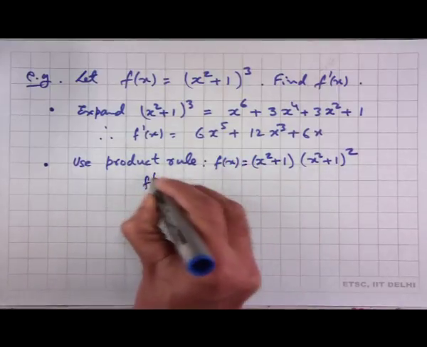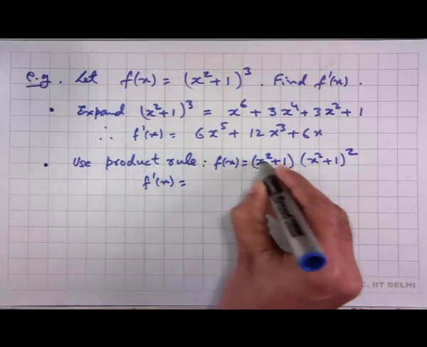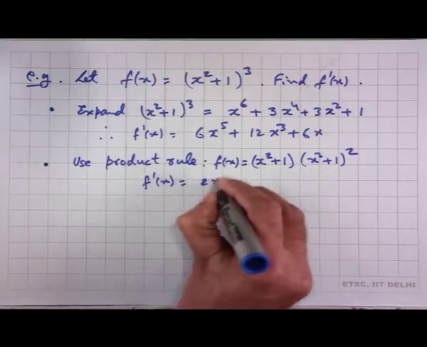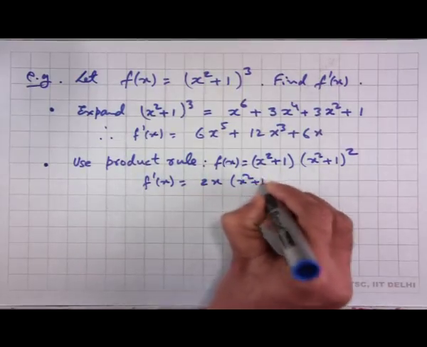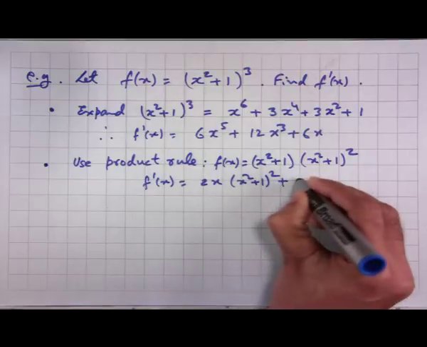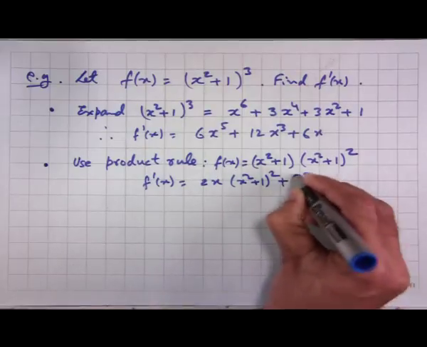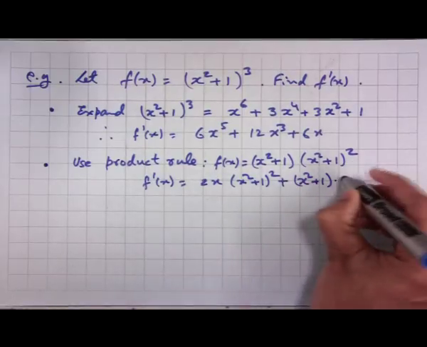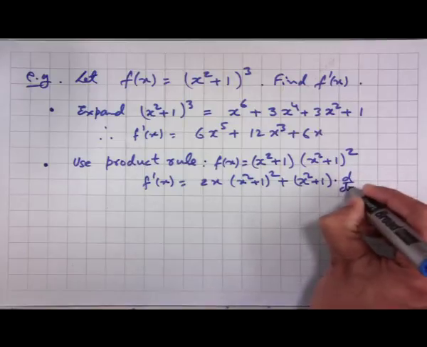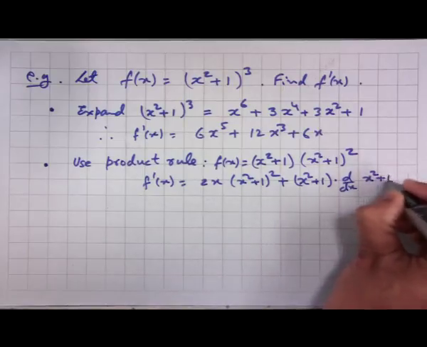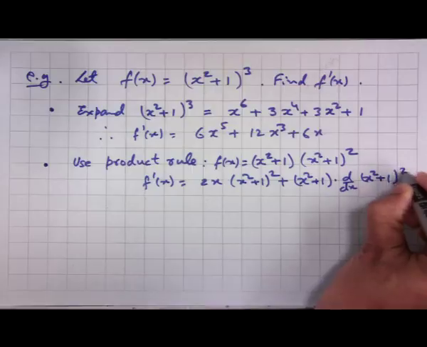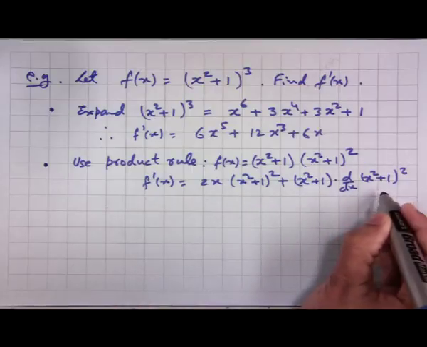So f prime x is the derivative of the first function, 2x, times x square plus 1 square, plus x square plus 1 times the derivative of x square plus 1 square, and for this you again use the product rule.